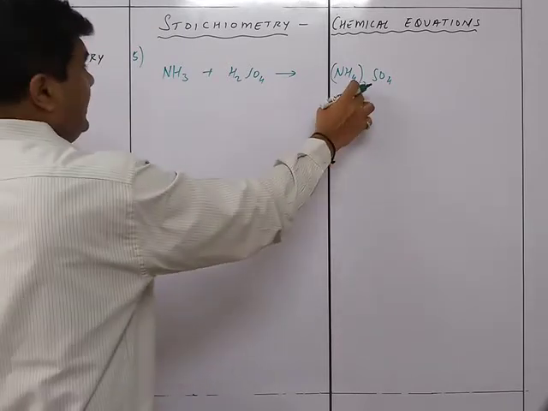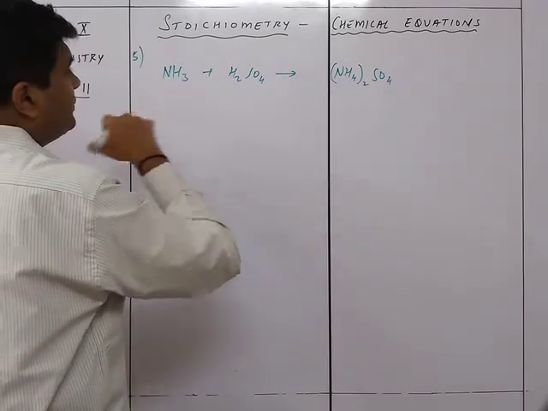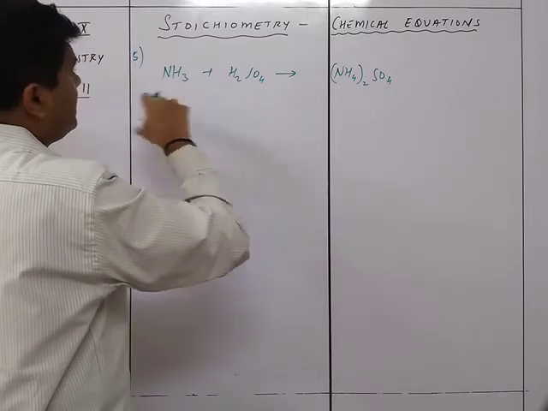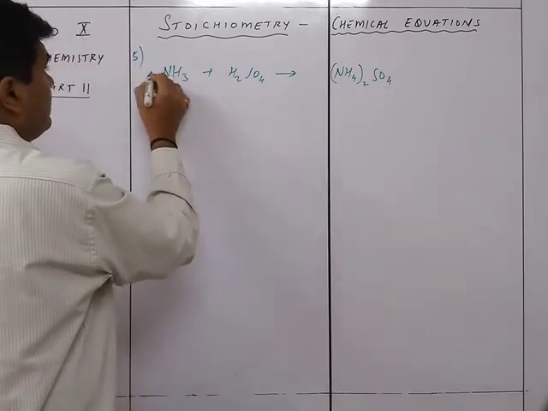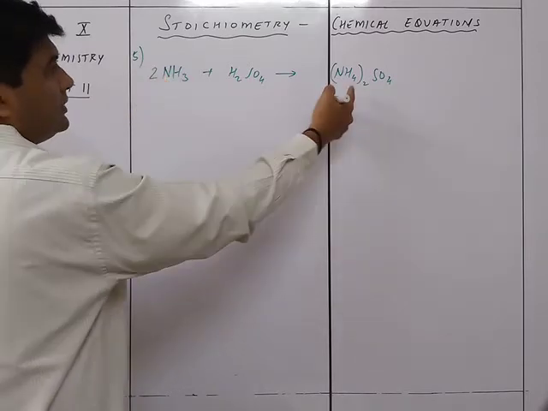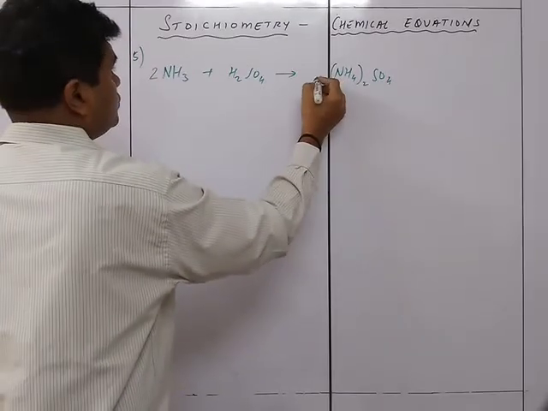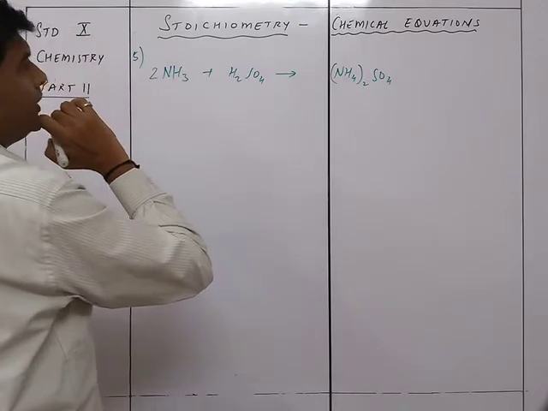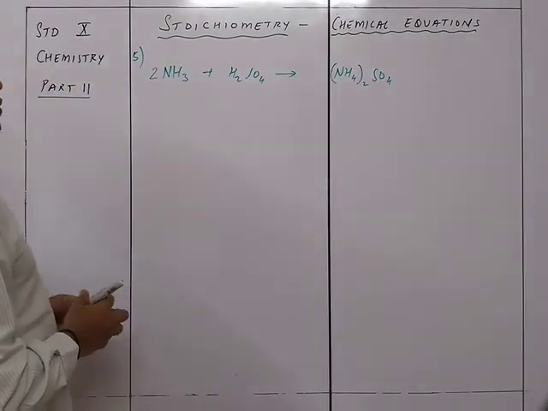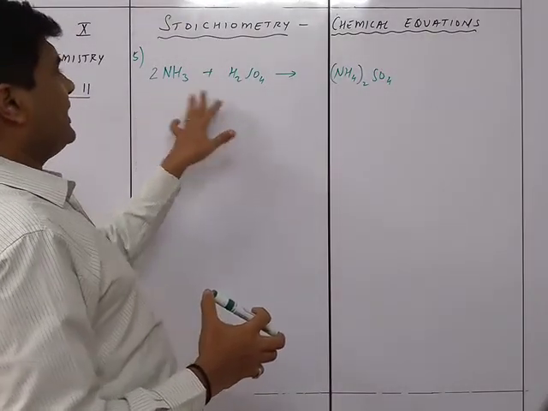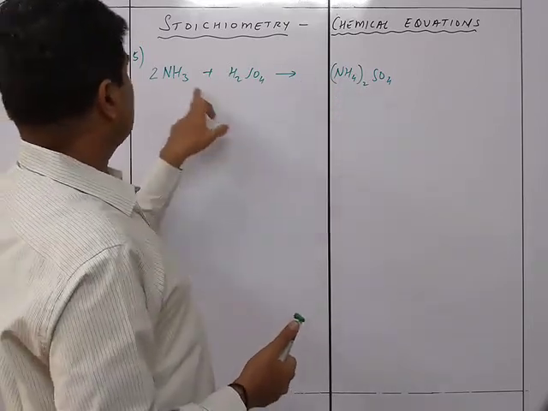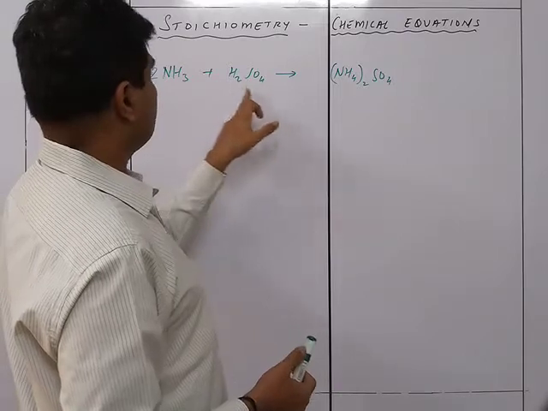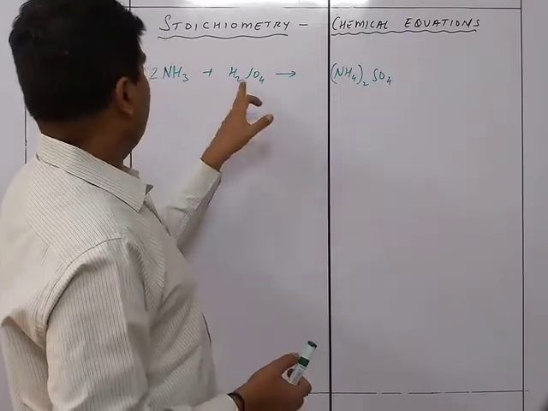So this is 8 and this is 5. Here we need 2 for NH4, so we put 2 here. So it is 2NH3 plus H2SO4. So N2, H is 6 plus 2, 8, 4 plus 8, and SO4.